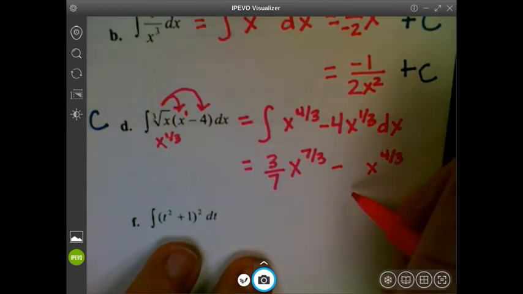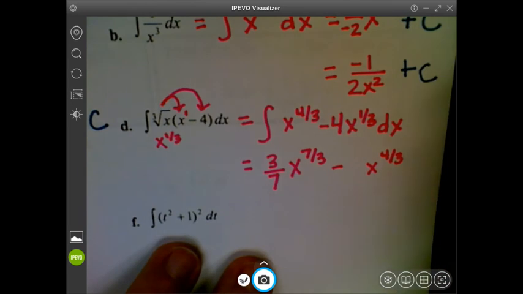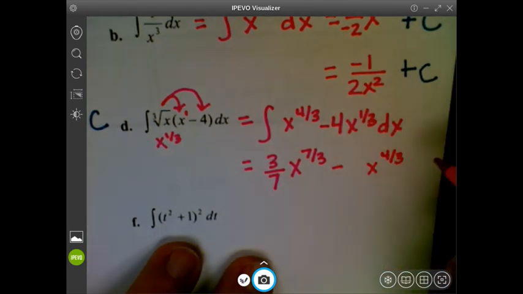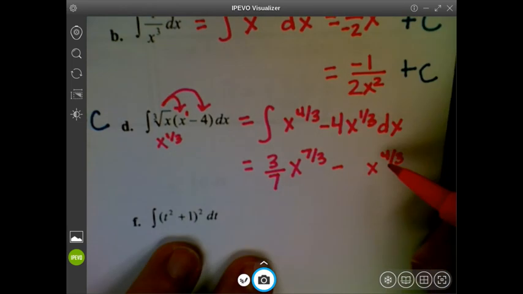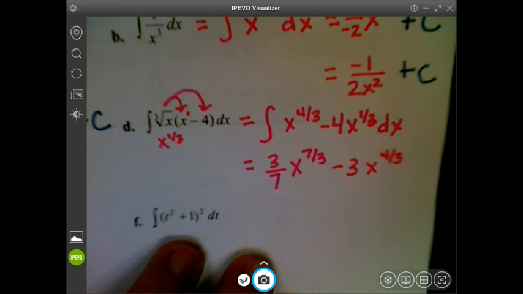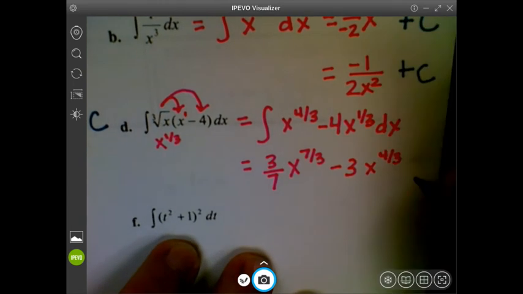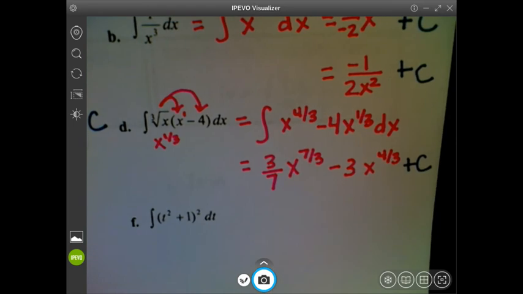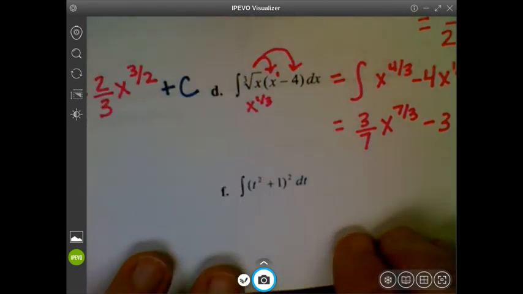And then dividing by 4/3, which means multiply by 3/4. So think about this. We have 4 already. Timesing by 3/4, the 4 and the 4 in the denominator will simplify, leaving us with just a 3. And then at the end, don't forget plus c. You will lose a ton of points on the AP exam if you forget your plus c's.